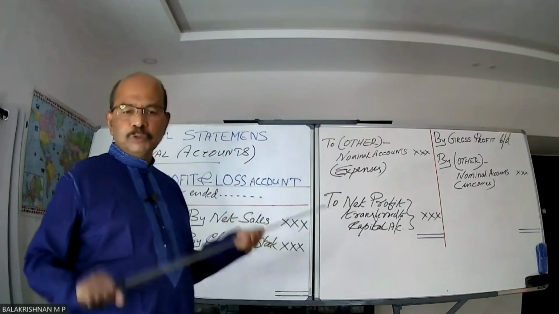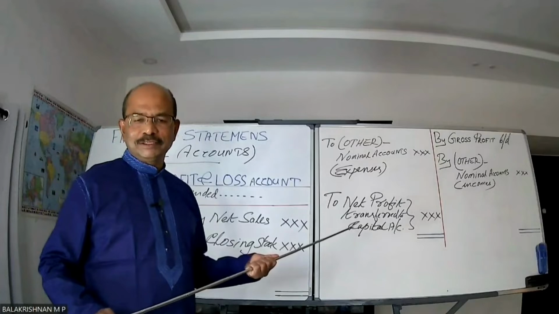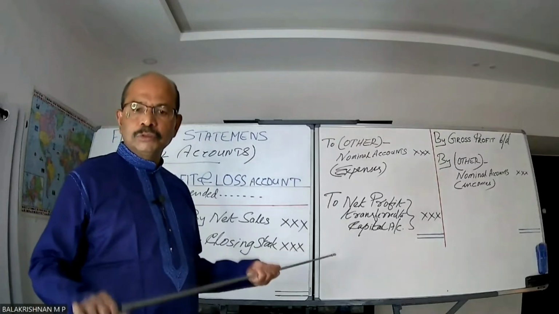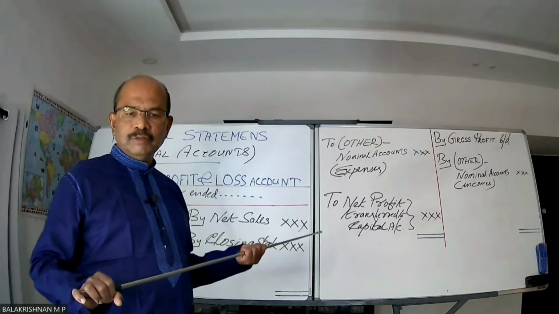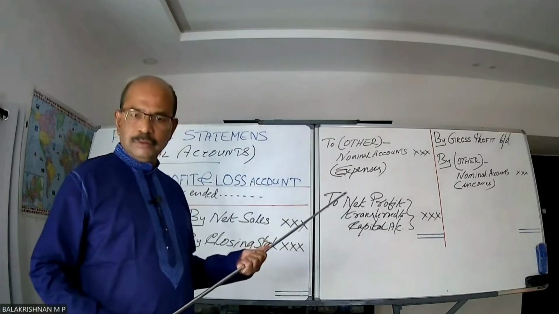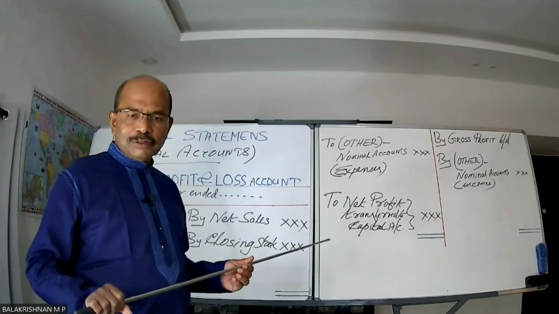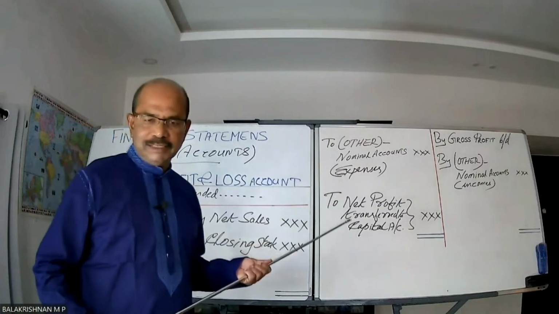The profit belongs to whom? Business and businessman are different, I told you. Entity concept. Profit belongs to the businessman. He is represented how? Which account? Capital. So profit is transferred to the capital account. Okay. So that's all about the final account as far as the trading and profit and loss account is concerned.